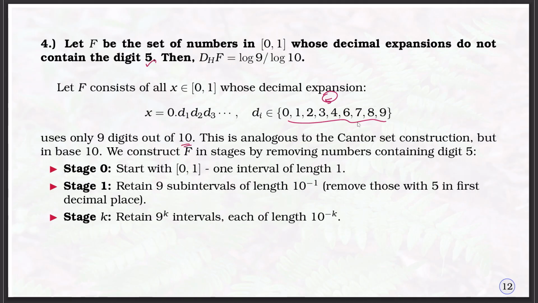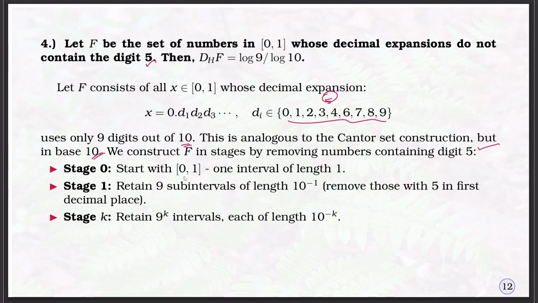This is analogous to the Cantor set construction, but in base 10. We construct F in stages by removing the numbers containing the digit 5. In each step we remove the numbers containing the digit 5.